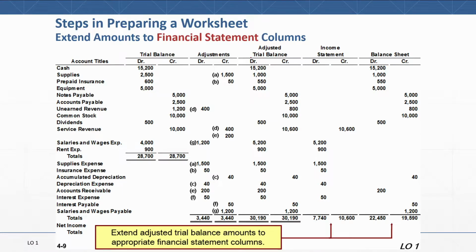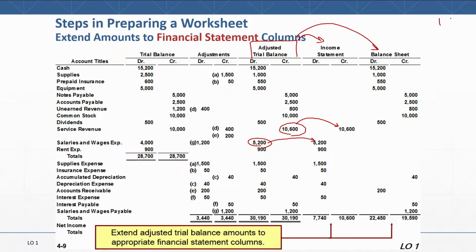Next step is to use the adjusted trial balance columns to prepare our income statement and balance sheet. To do so, we just take the adjusted balances of related accounts and put them under the related columns here.